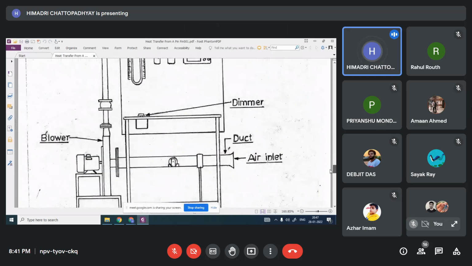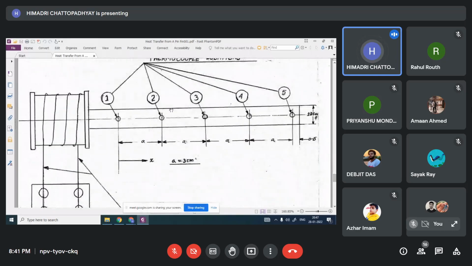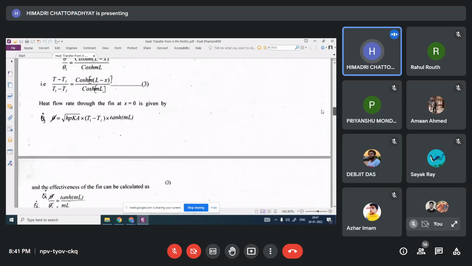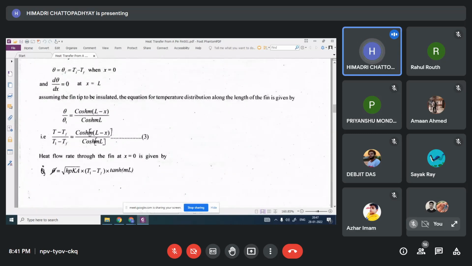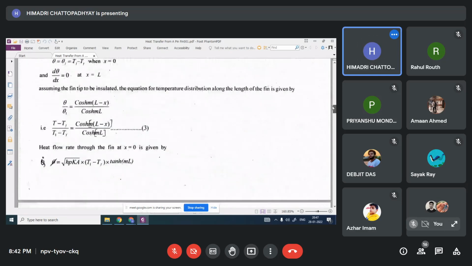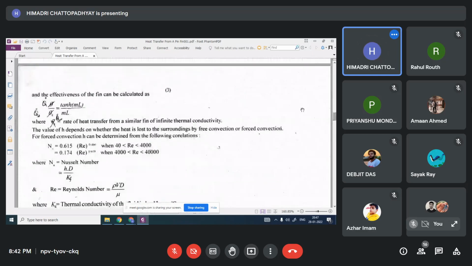Because if I want to find out the heat transfer here, I need to know the value of h, the heat transfer coefficient. And the heat transfer coefficient is obtained from this correlation, Nusselt number is 0.615 times Reynolds number to the power this.